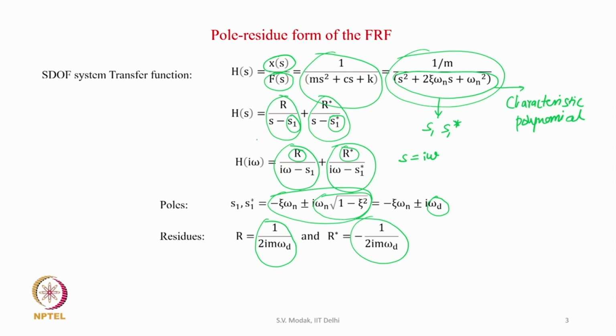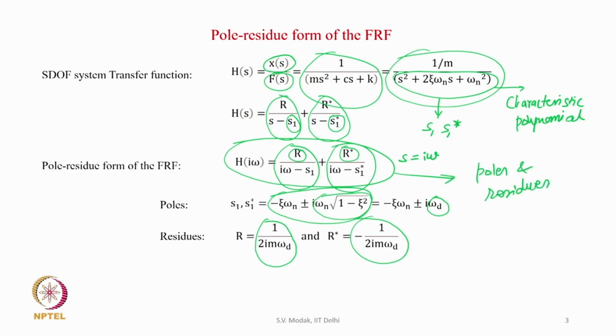So, this FRF is described by poles and residues, and that is why this form of the FRF is called the pole residue form of the FRF. Therefore, for a single degree of freedom system there are two poles and two residues.